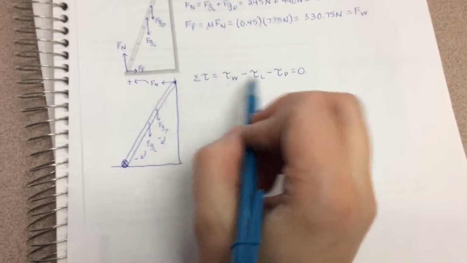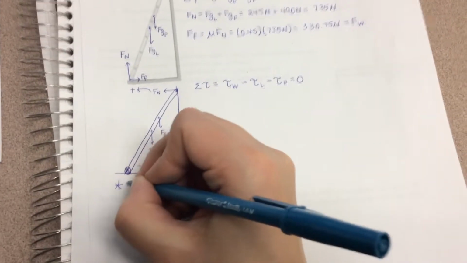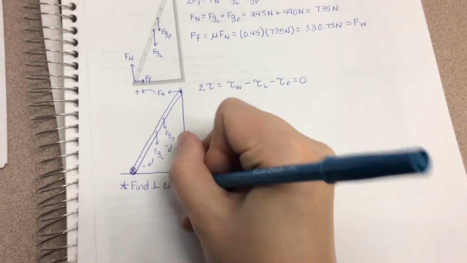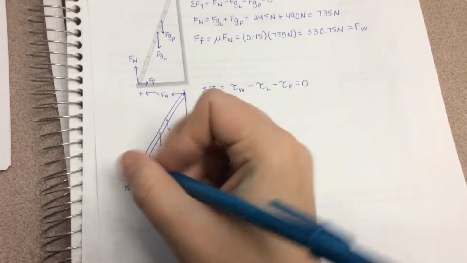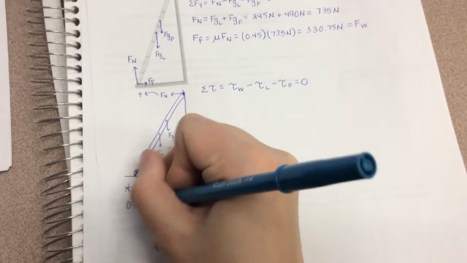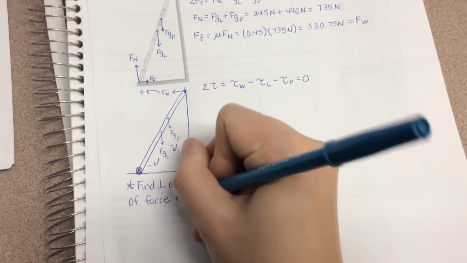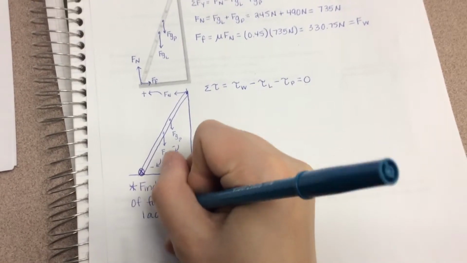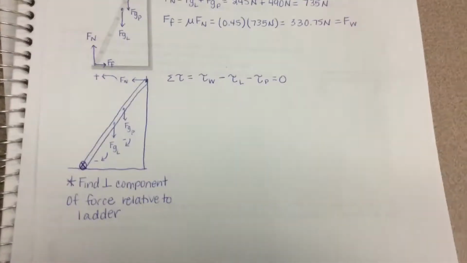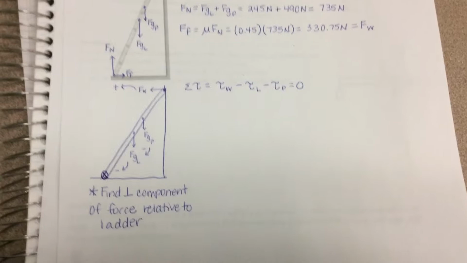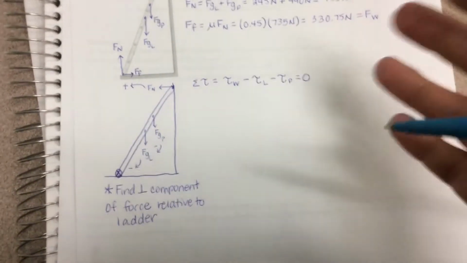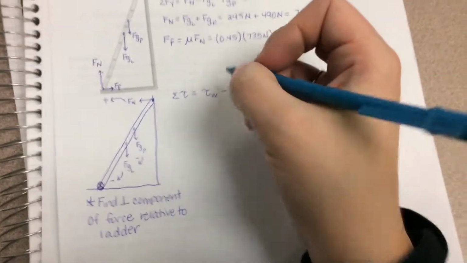So for all of these torque equations, I need to find the perpendicular component of each of those forces relative to the ladder. Okay, that to me personally is really the trickiest part of the ladder problems. It's all the same stuff with the net force and the torque, but the angles can be a little tricky.